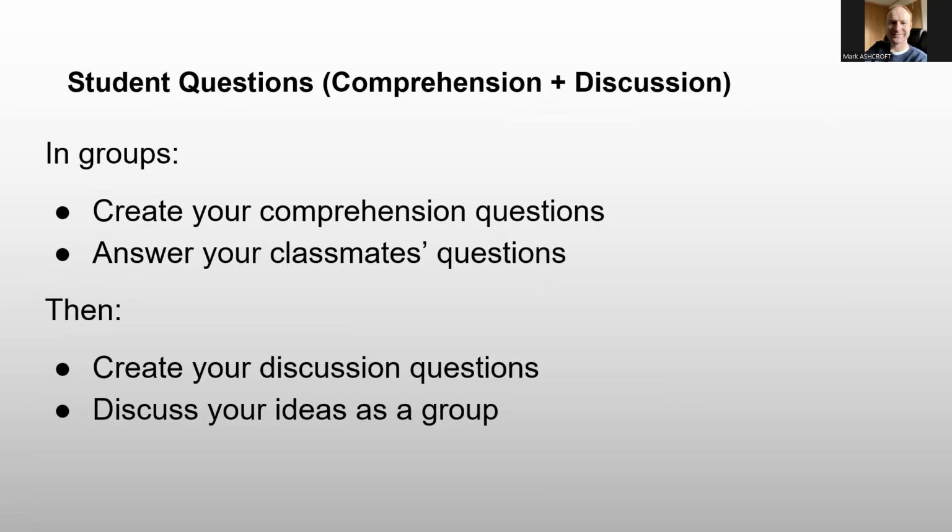Okay. So please spend a couple of minutes thinking of your own comprehension questions. A good example would be trying to explain the three rhetorical devices, pathos, logos, ethos, in your own words. If you can do that, that's a good indication that you are comfortable with the content, the material.